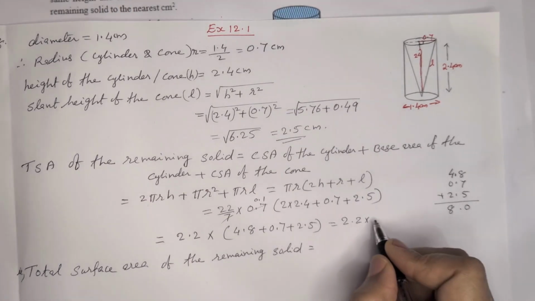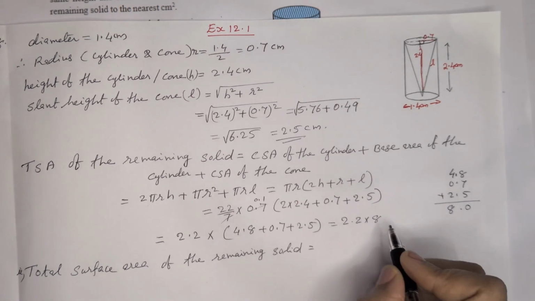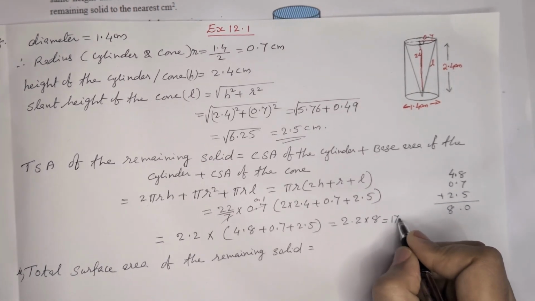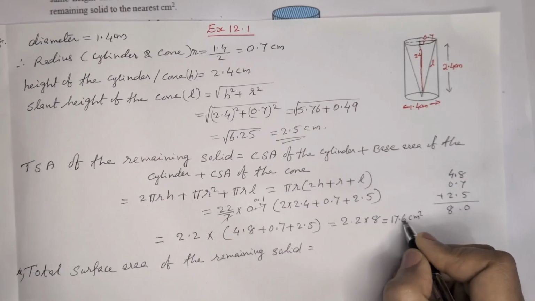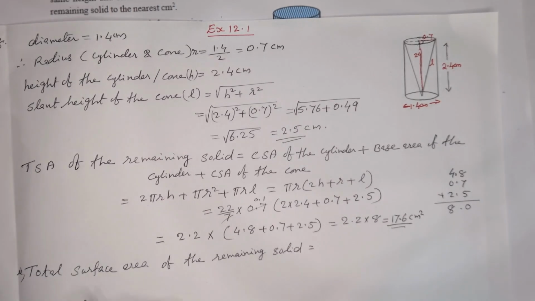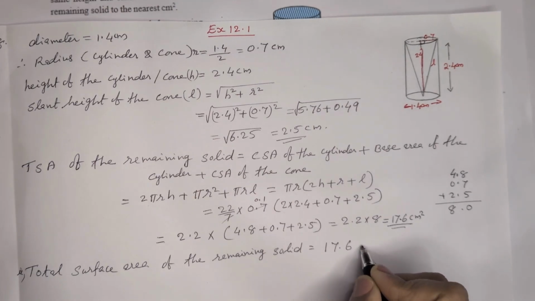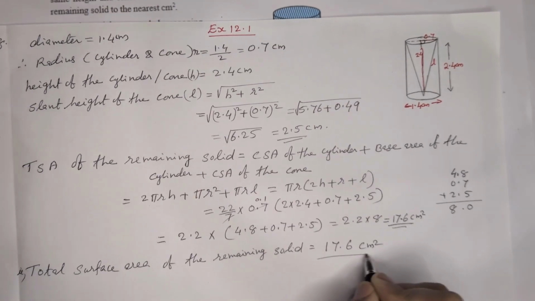So 2.2 into 8, that is equal to 17.6. So we can write total surface area of the remaining solid is equal to 17.6 centimeter square.